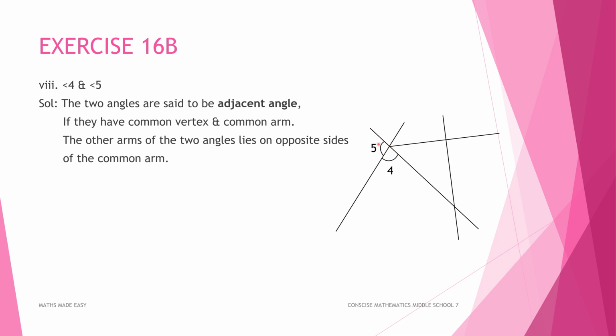These are the two arms, and this is the common arm, and this point is the vertex where all the lines join together, that is the intersection point. So angle 4 and 5 are adjacent angles, because by looking at the picture itself you can understand they are lying just next to each other.